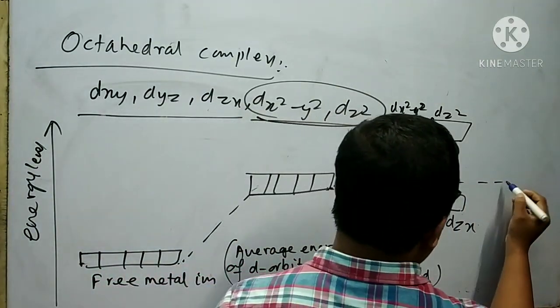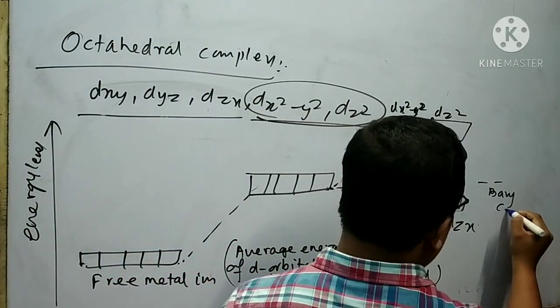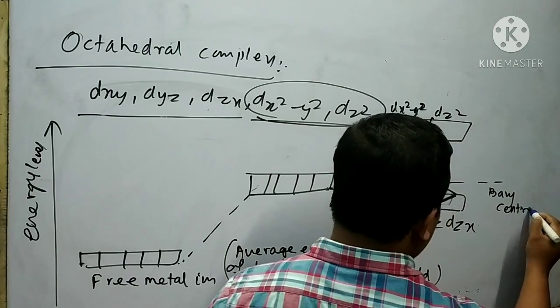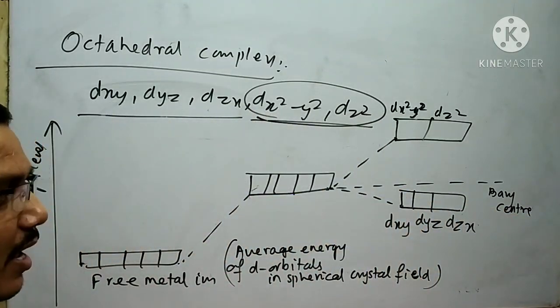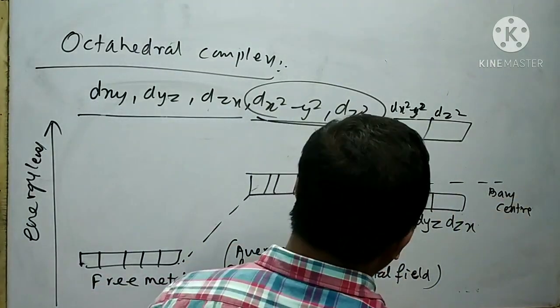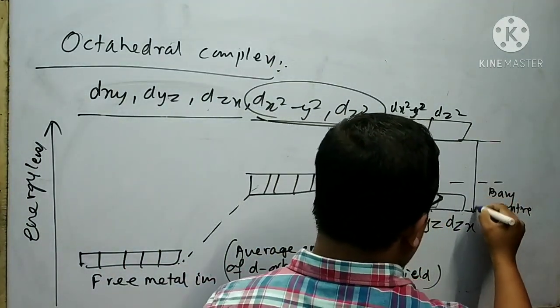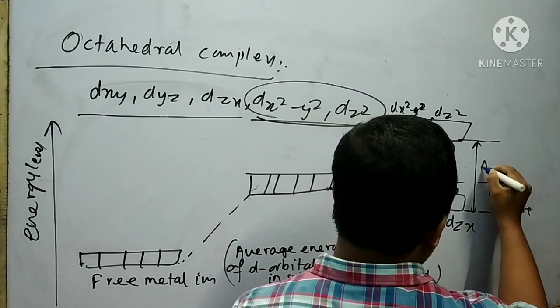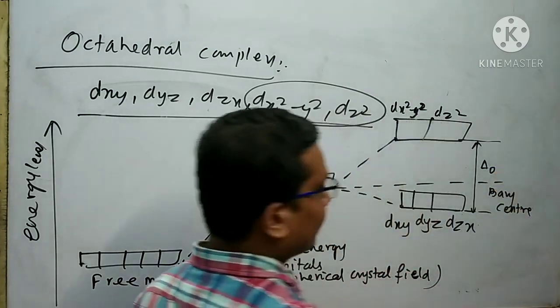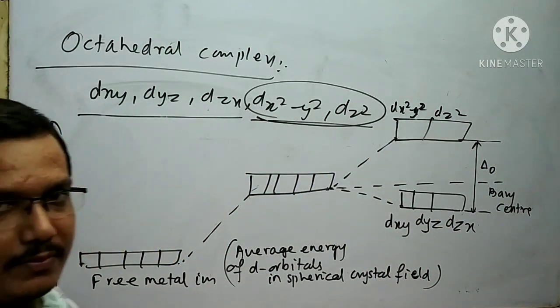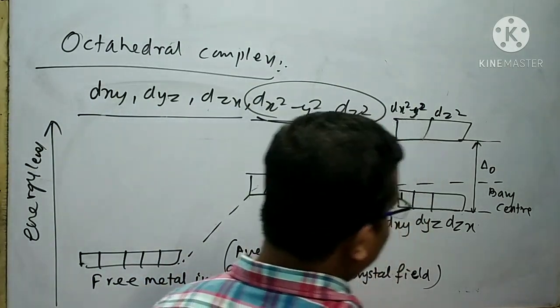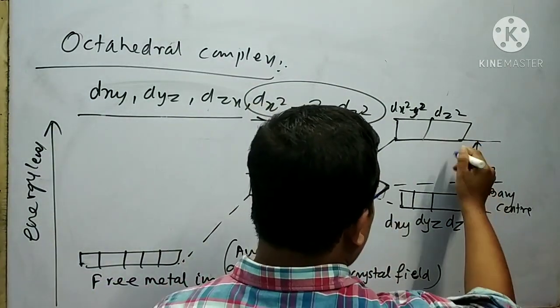This is called the barycenter. This is a hypothetical energy level, and this energy gap is denoted by Δ0. That is called crystal field splitting energy.